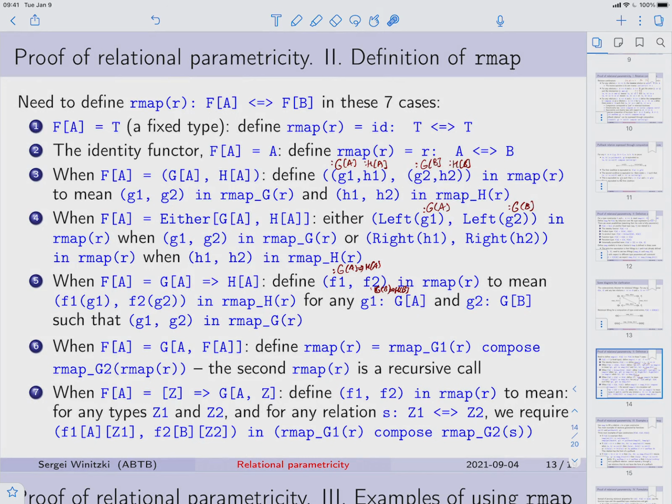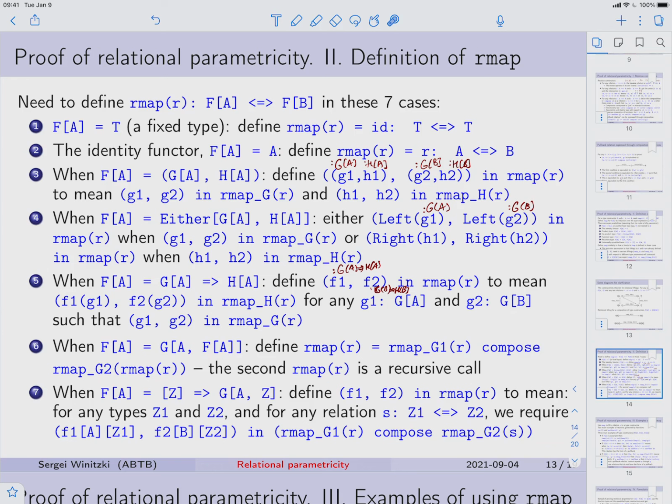For recursive types, I define our map of R, which is first I lift with respect to A, and then I compose it with lifting with respect to the second type parameter, and then I use the same relation R map recursively.